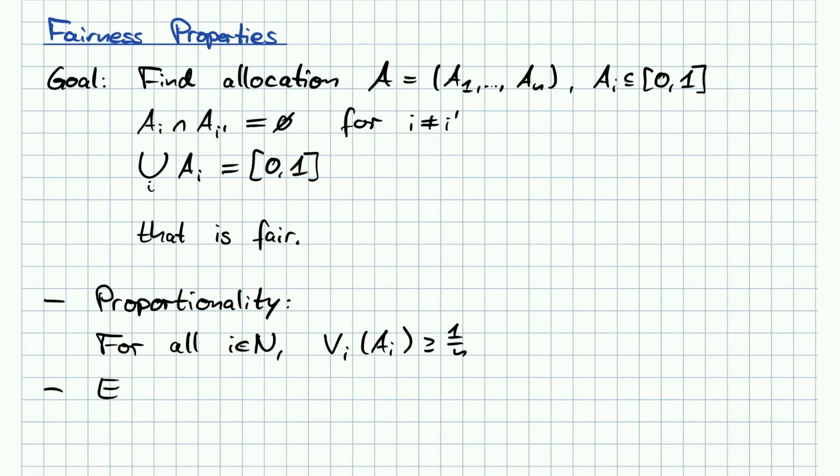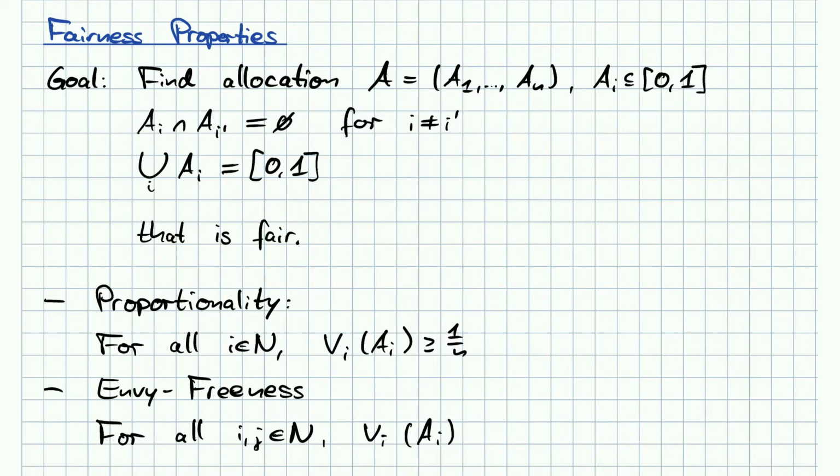There's also the notion of envy freeness, which means that for all i and j, for any 2 different agents, agent i is happier with what they are getting, or at least as happy, as if they were getting what agent j is getting.